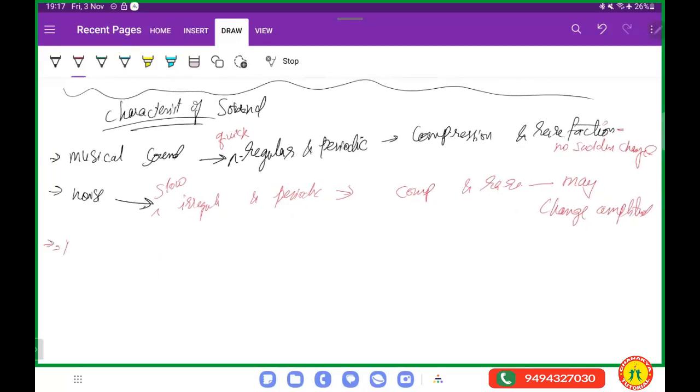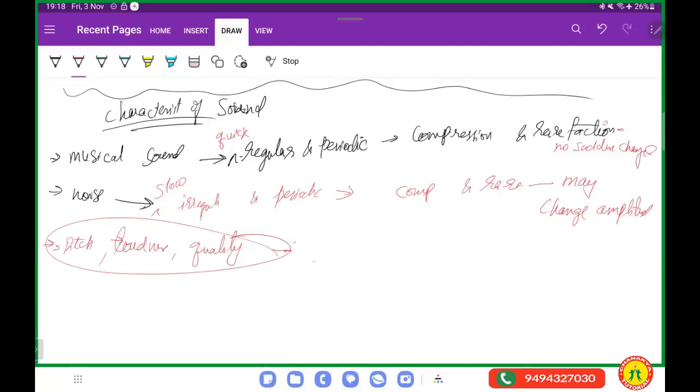Then what will be pitch? So pitch, loudness, and quality: these are the main characteristics of musical sound.